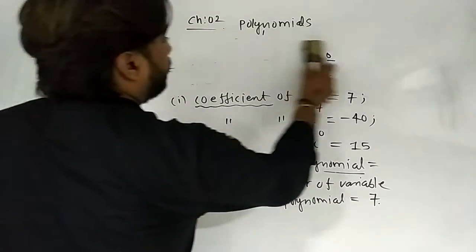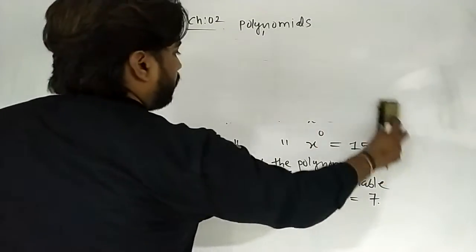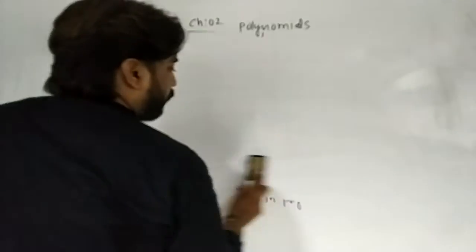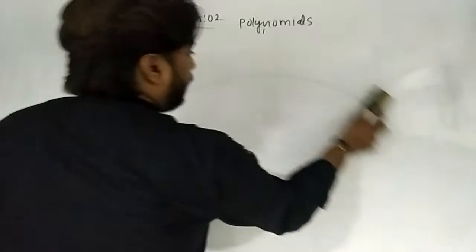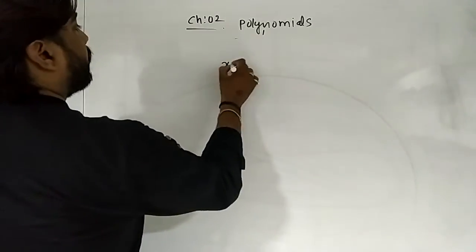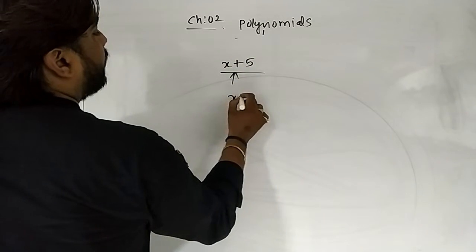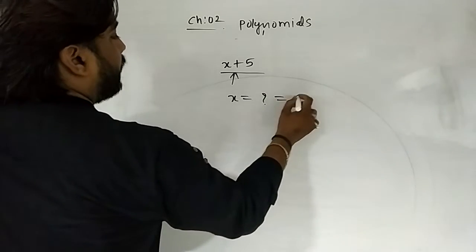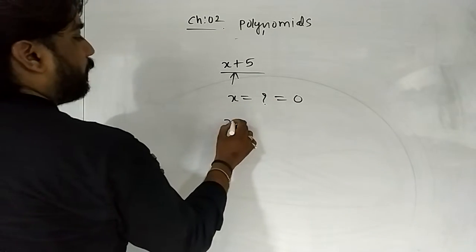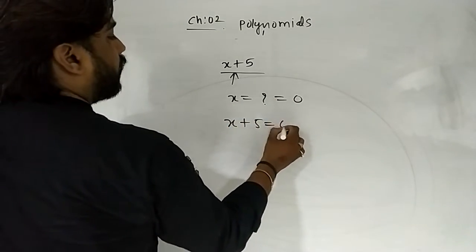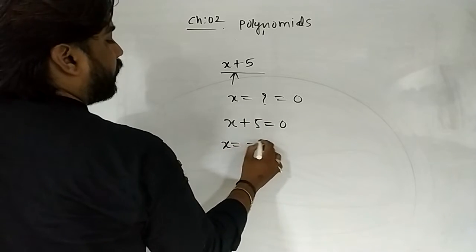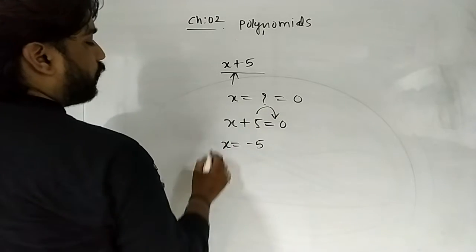After that we have learned root of the polynomial, और polynomial का root किसे कहते हैं. For example x plus 5 है, तो x plus 5 में मैं x की जगह पे क्या रखूंगा, then it will become 0. It means x plus 5 0 कब होगा, when I will take x is equal to -5. Yes or no?